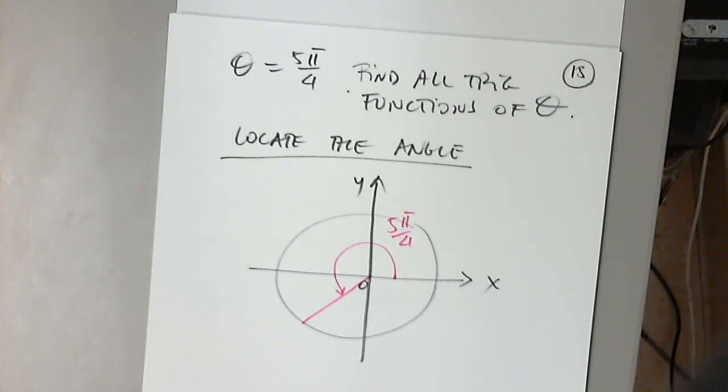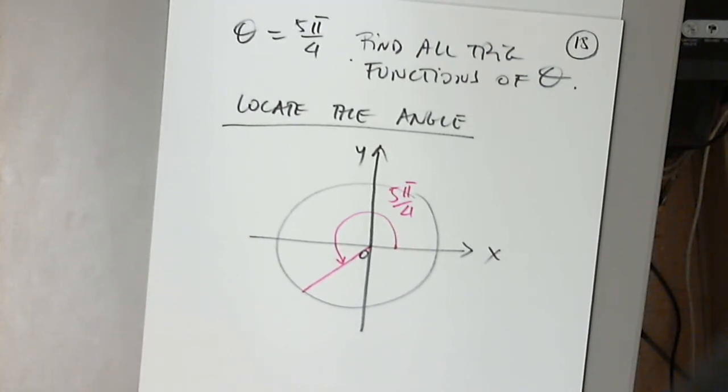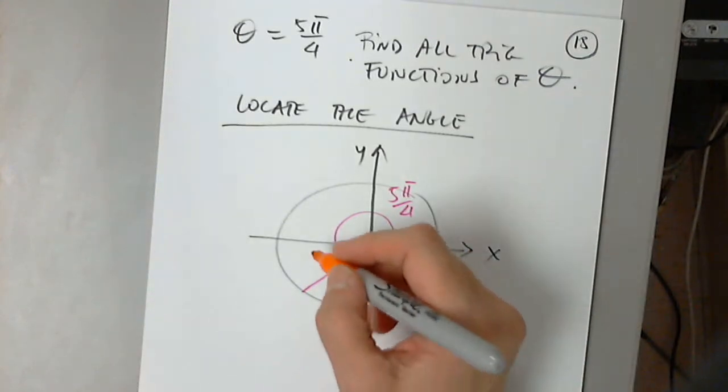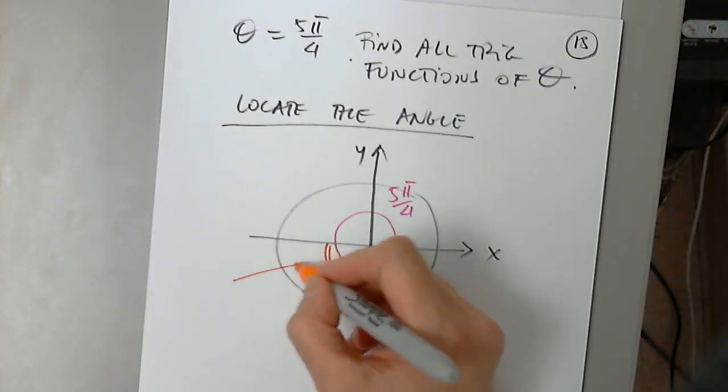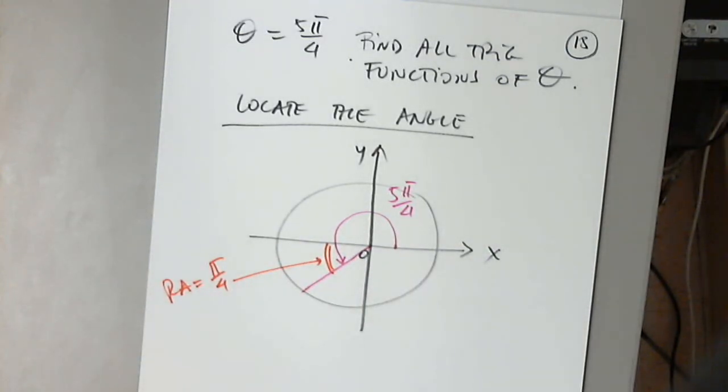Let's take a look at the reference angle. Can anyone give us the reference angle? Please. 45. Excellent. So this is the reference angle, pi over 4 indeed. Here's what I'm going to do next.